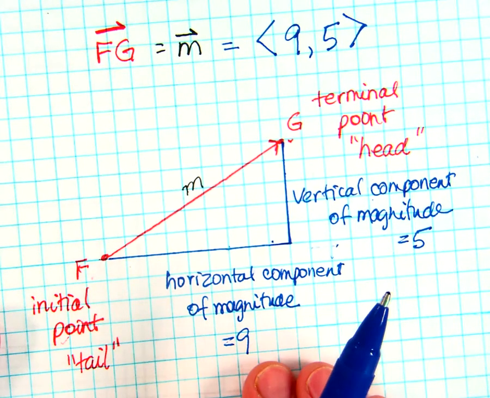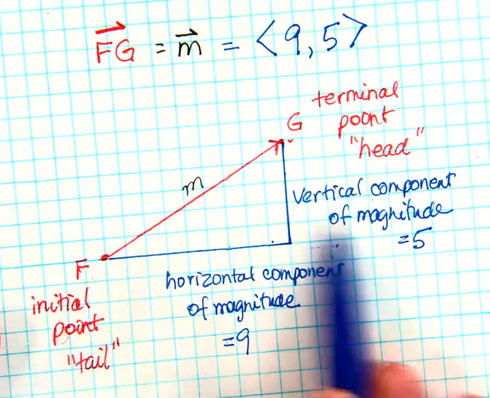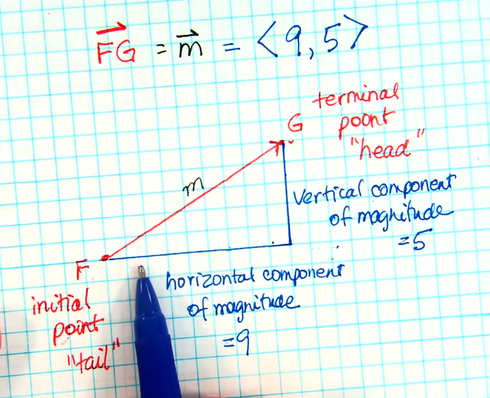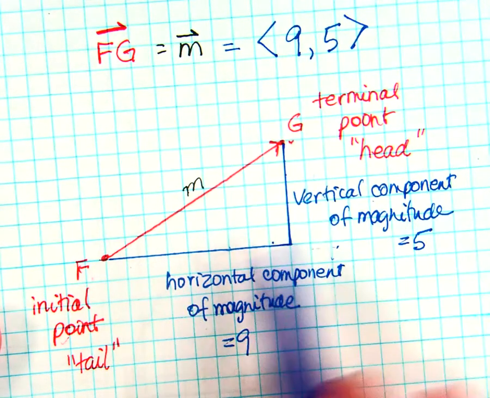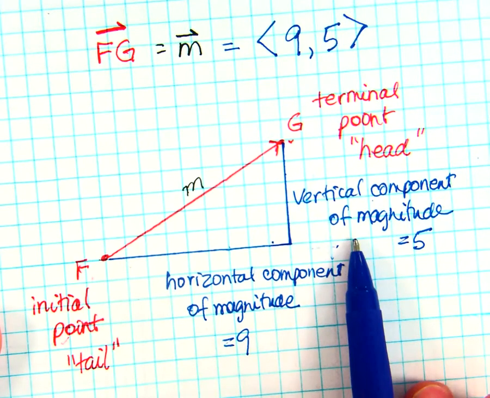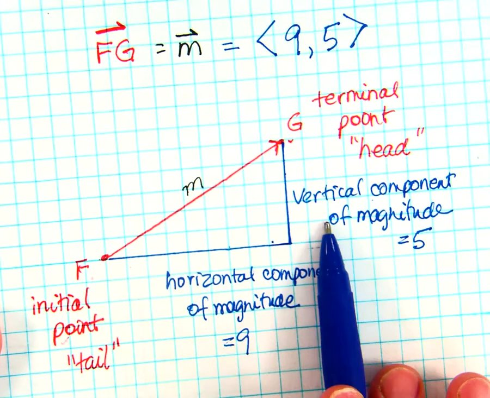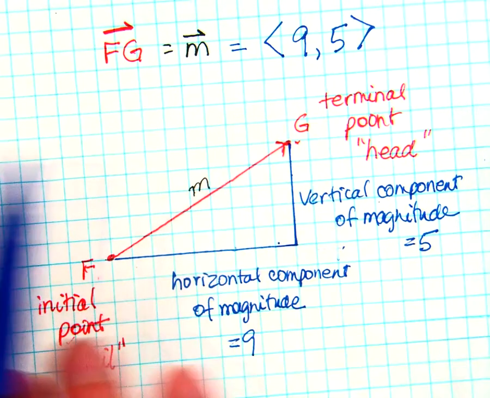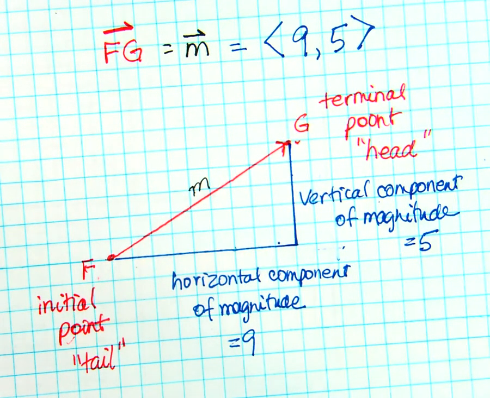Everything's relative to each other. So the horizontal 9 is left to right, just like x is left to right and is in the x position. The vertical component, up and down, like y is up and down, is in the y position. And I put the numbers there. So I can talk about this vector in any of these ways.